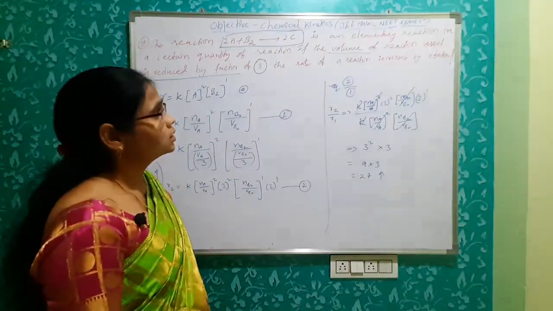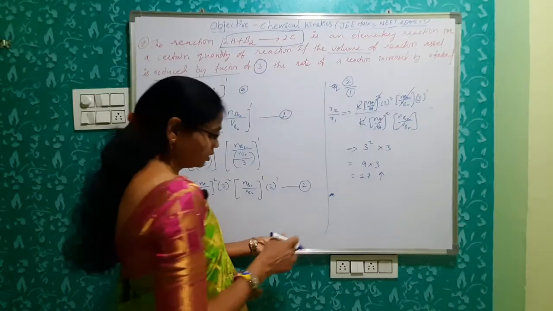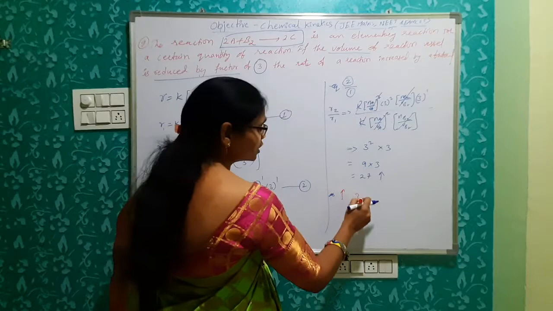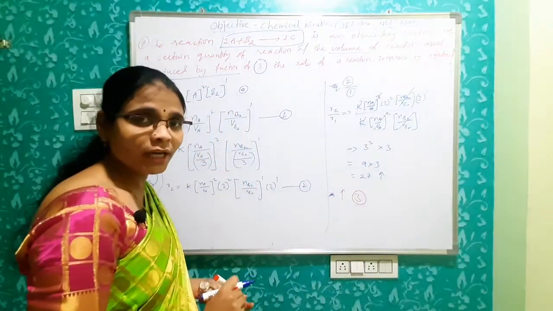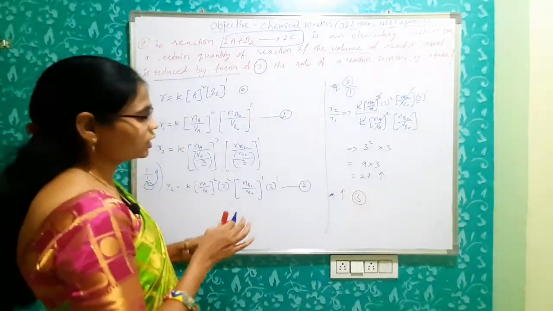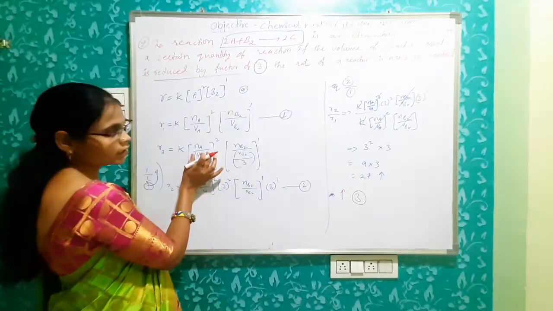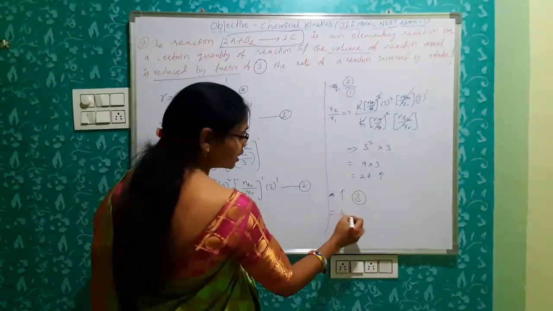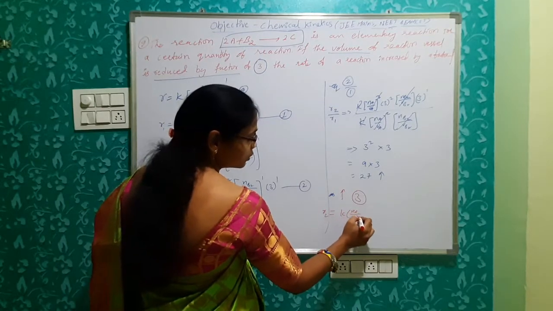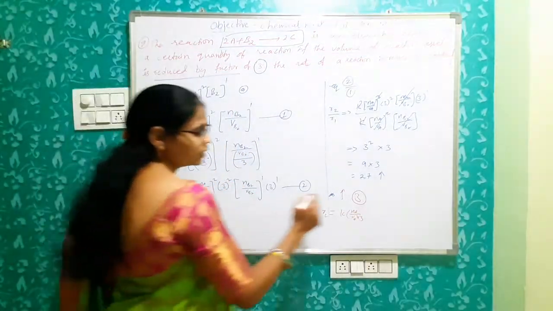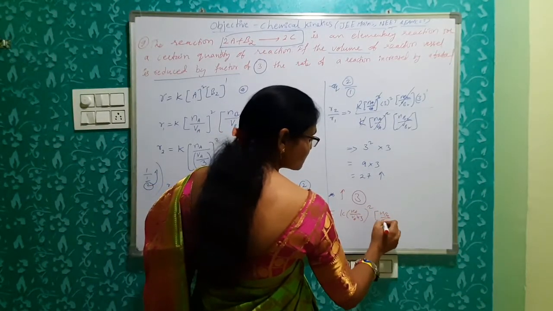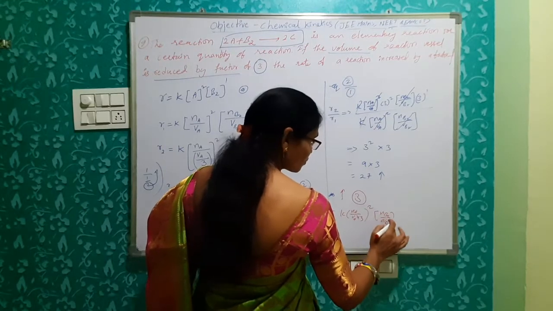Clear? Suppose instead of reduced volume, an increased volume is given. For example, the volume is increased by 3 times. What happens to the rate of the reaction? Here we take R2 as NA VA into 3, next NB VB into 3.